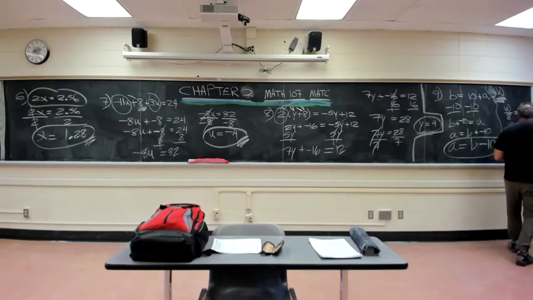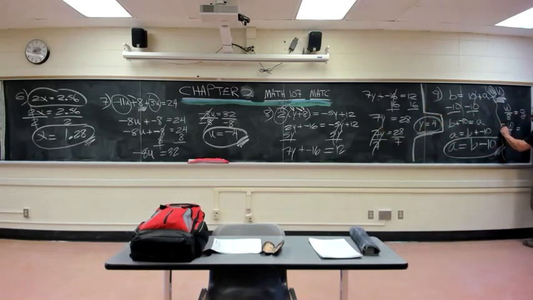If you want to undo division, you undo it by multiplying on each side.